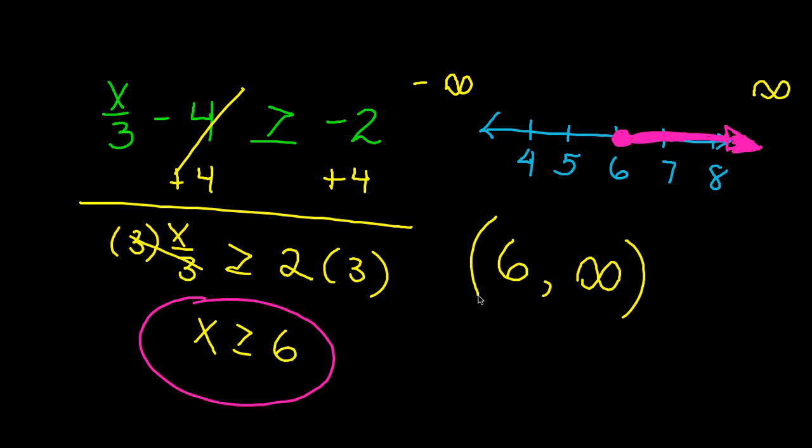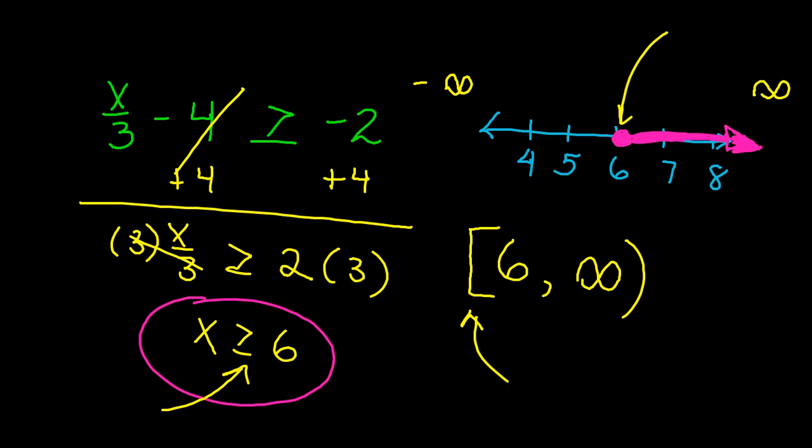In this case, because it's allowed to be equal, I can use the number 6. So I'm going to get rid of that symbol for a moment, and I'm going to switch to this symbol. It's a bracket. That bracket symbol indicates that we're including the number 6. So anytime we see this greater than or equal sign, we're going to notice that our dot is colored in and our interval uses a bracket.